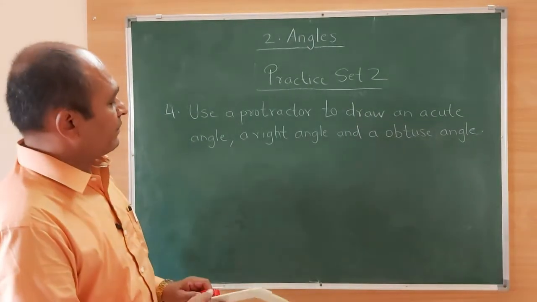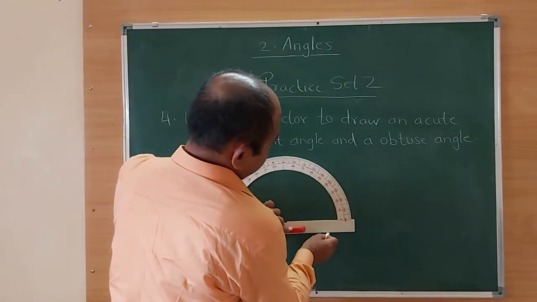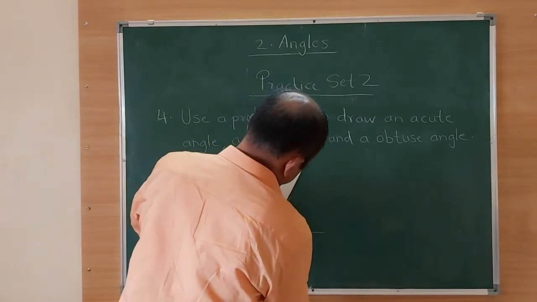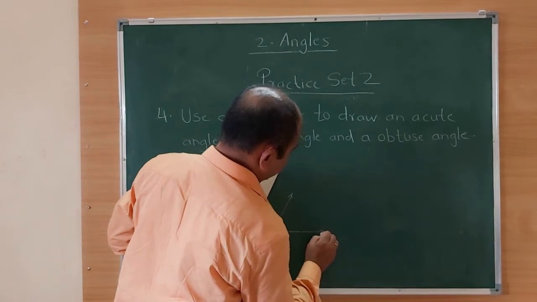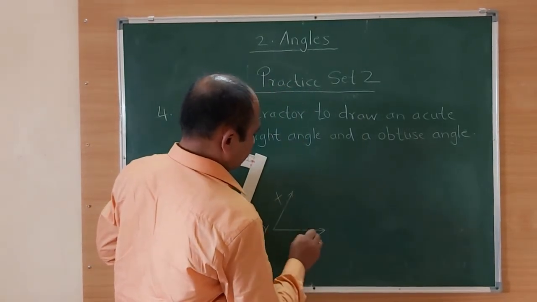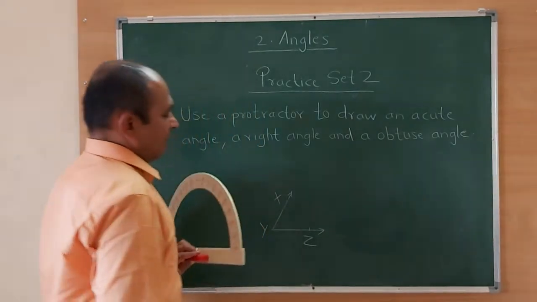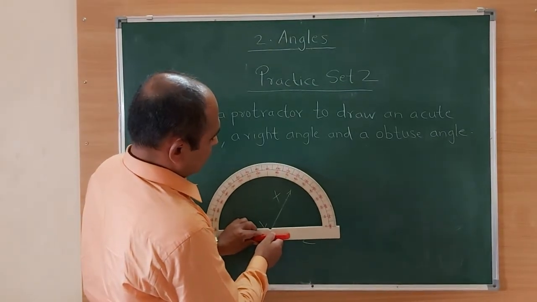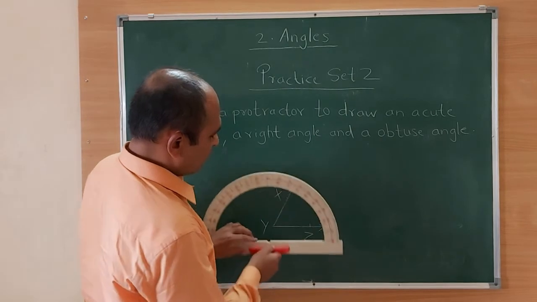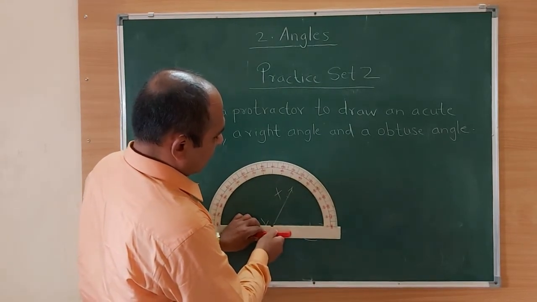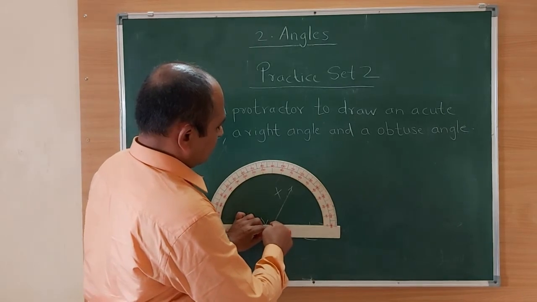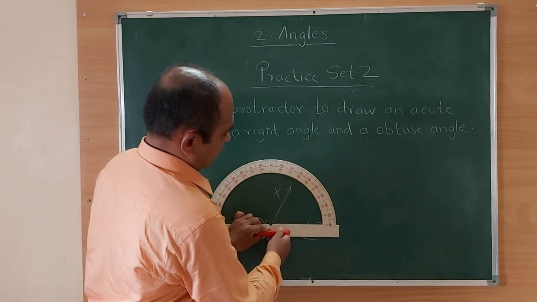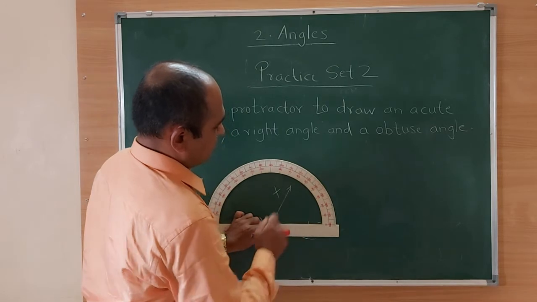Students, one more thing. Suppose one angle is given, and these are the 2 arms of the angle, X, Y and Z. I am told to measure this angle, so I will keep the center of the protractor on the vertex Y and align the YZ arm exactly on the baseline of the protractor.